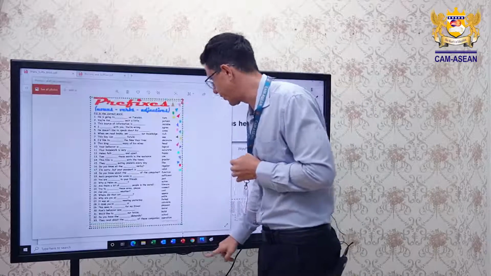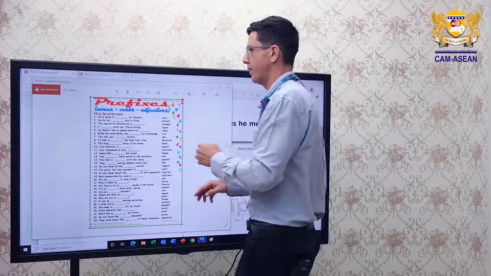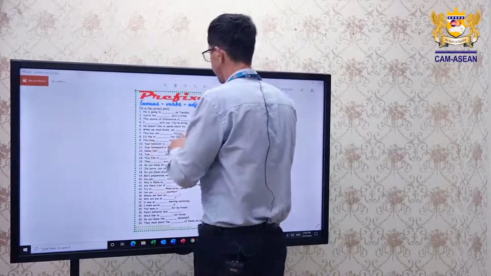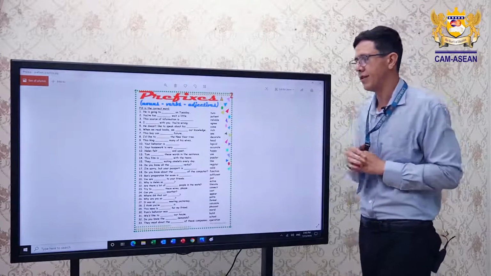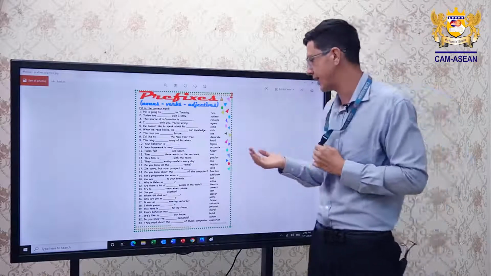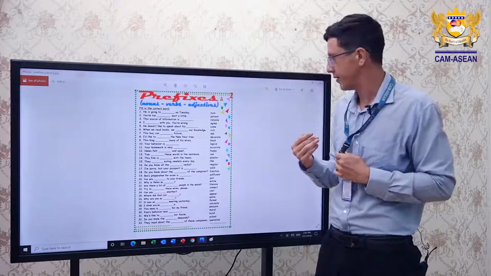Here, I have a better thing for us. So let's look here. We have prefixes, nouns, verbs, adjectives. We can look through this together, and let's try some of these.